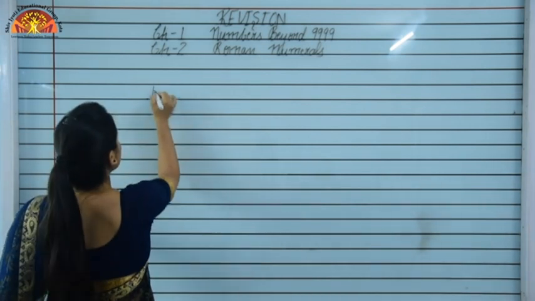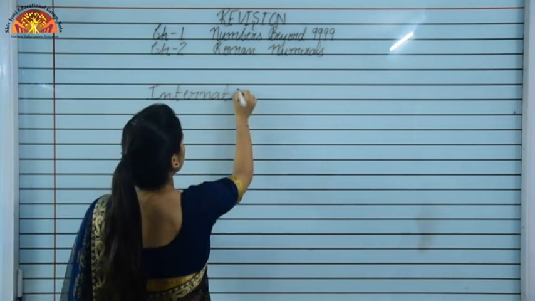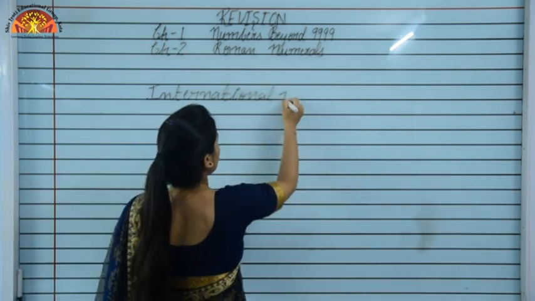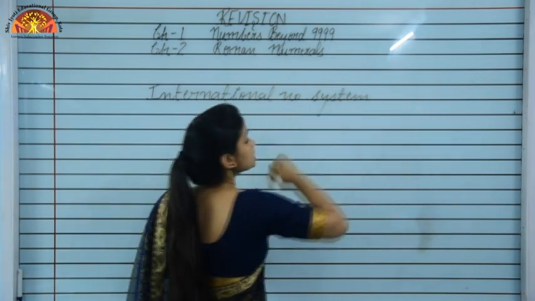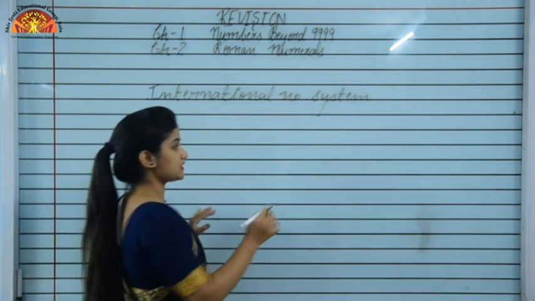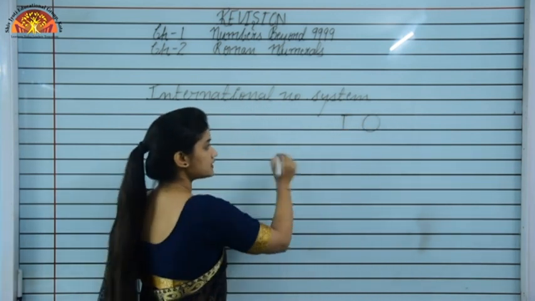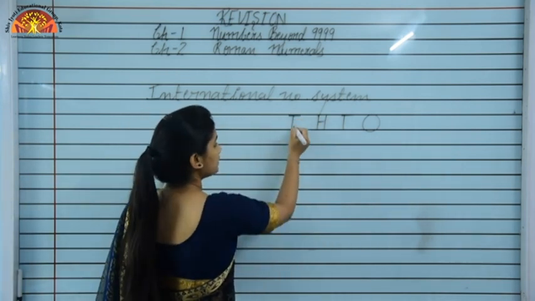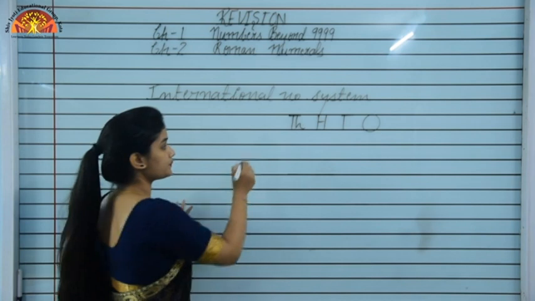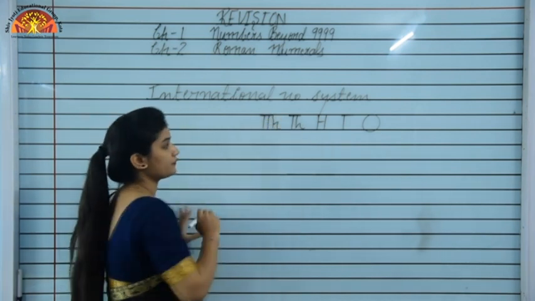Next we are taking the international number system. So according to the international number system, first will come ones, then tens, then hundreds, then thousands, then 10,000s.